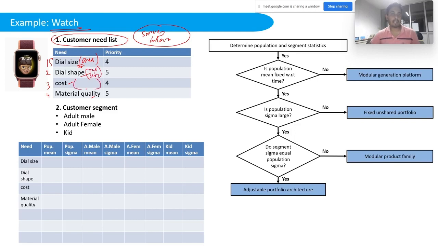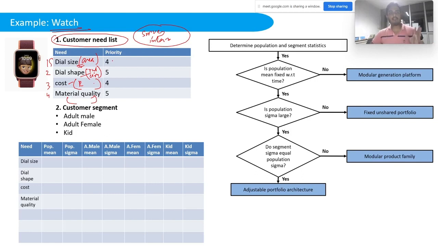Cost can be price in rupees, and material quality can be both qualitative and quantitative. You can define this in terms of strength of material as a quantitative value, or in terms of qualitative values, like something which as a designer or architect you may know, like shiny, looks good, colorful. Those are qualitative parameters.